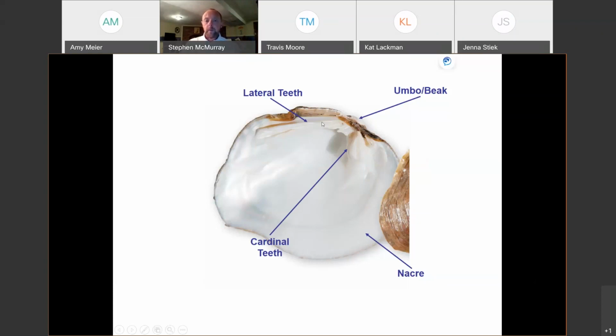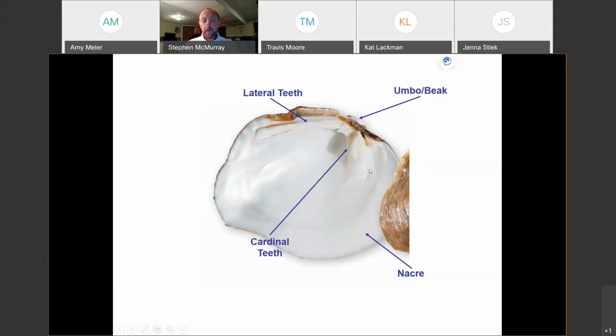And then lateral teeth, which are more refined and finer edged. And depending on which side you have, whether you have the left or right valve, will have either 1 or 2 teeth because they nest in together and act as part of the hinge for opening the shell.